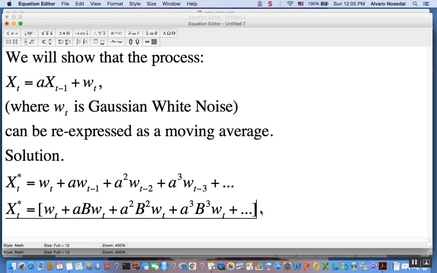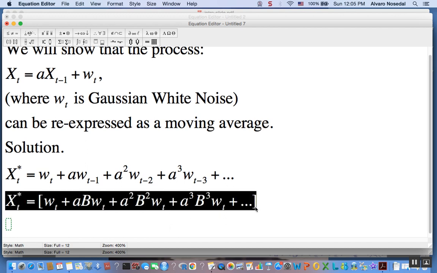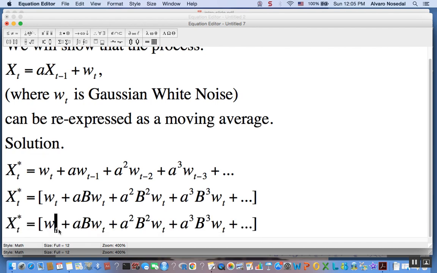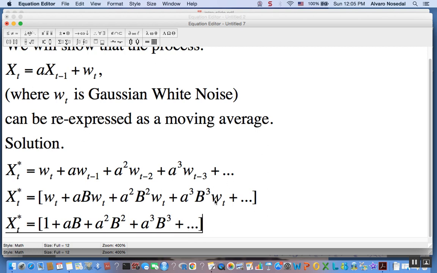Now, just like before, we could factor out the Wt, okay? Let me do that next. So we have this as a common factor, okay?